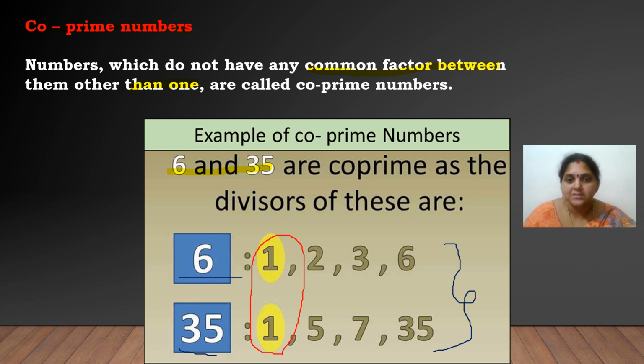The numbers which have only one as a common factor are known as co-prime numbers. When you take two numbers and write their factors, if you find the digit 1 as the only common factor, then those numbers are known as co-prime numbers.